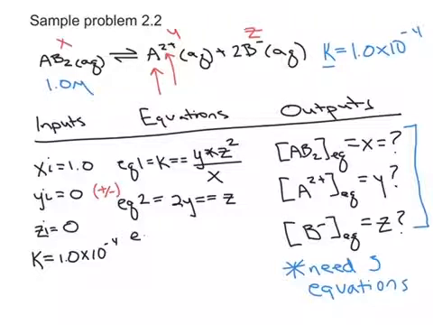Equation 3 is going to be a mole balance with respect to A, and that will look like yi + xi == y + x.